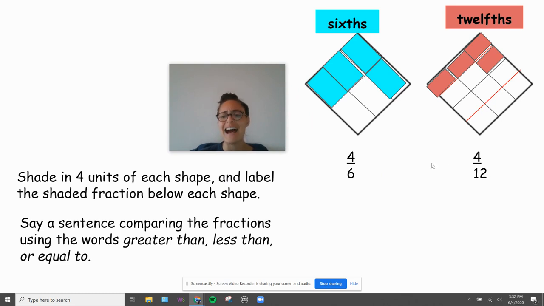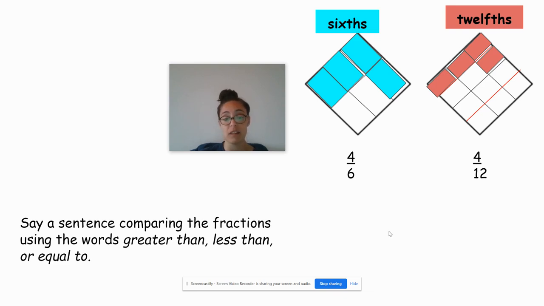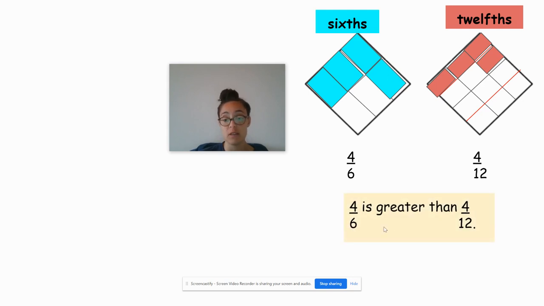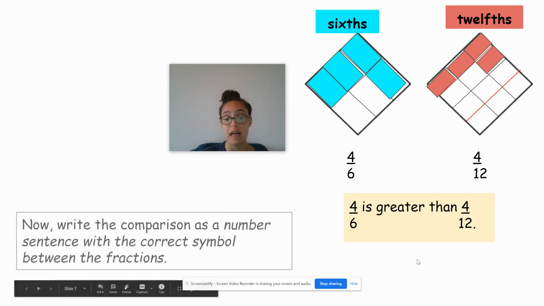So I look at these and I know that because they have the same numerator, they're not equal to each other. So I have to look and think about which one is bigger. So I know that 4/6 is greater than 4/12, and we need to use our symbol as well. So I would write it like this: 4/6 is greater than 4/12.